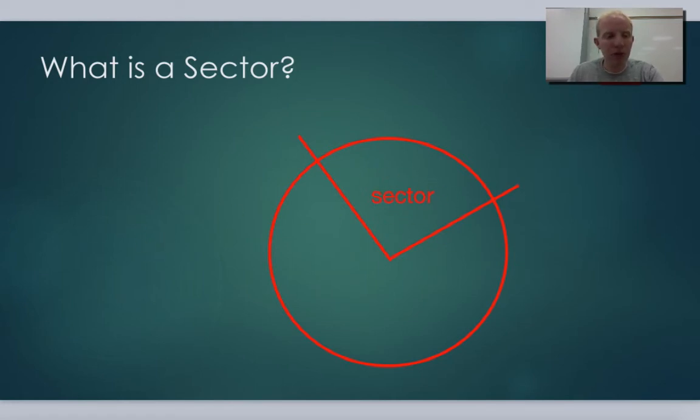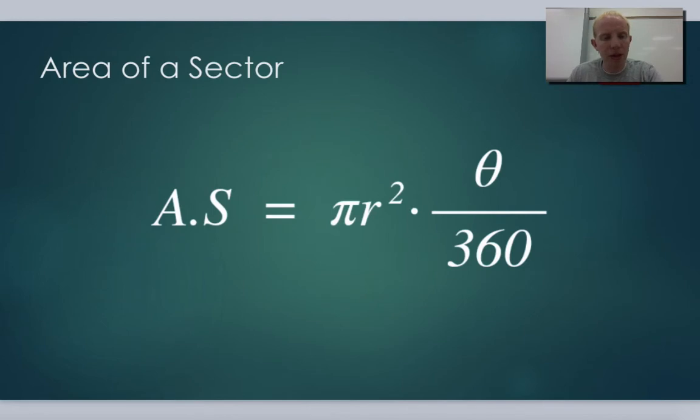Okay, so we want to find the area of a sector, and to do that, we use the following formula. The area of a sector, okay, we'll abbreviate it A dot S. There should be a dot there. So area of a sector is equal to pi r squared times angle over 360. So again, like in the last podcast where we found the arc length, we were just taking a proportion of the circumference.